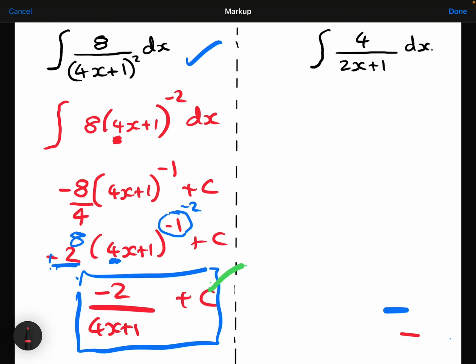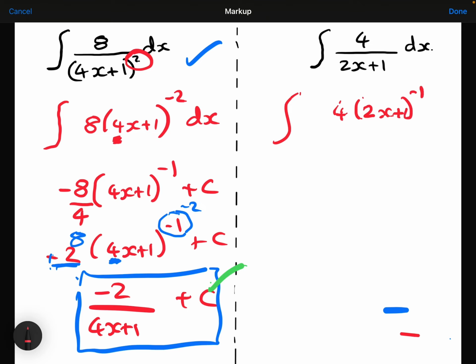Last example. Now notice in this case that the denominator is linear. There's no power on the denominator there. So I am not going to do this. If I did that, if I put it to a power -1, that would be wrong.